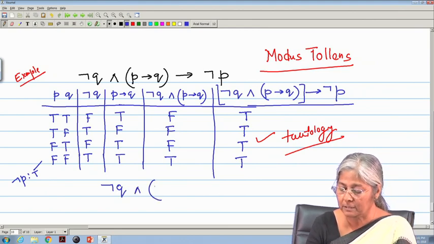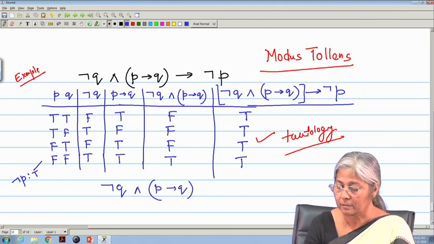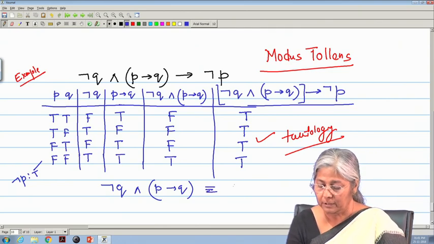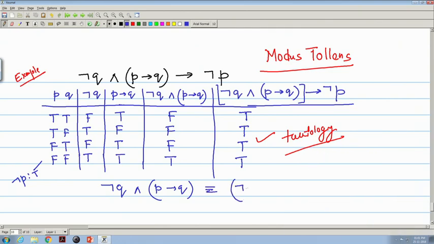This is P implies Q. So, this is equivalent to negation Q and negation P or Q. Sorry, this is the AND.